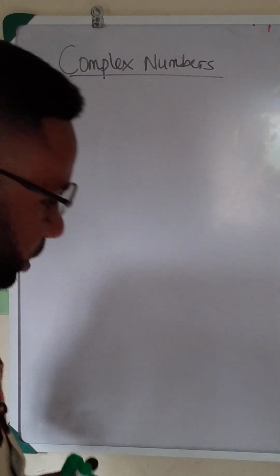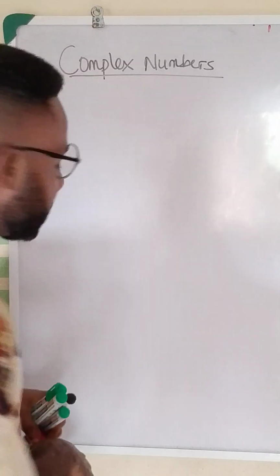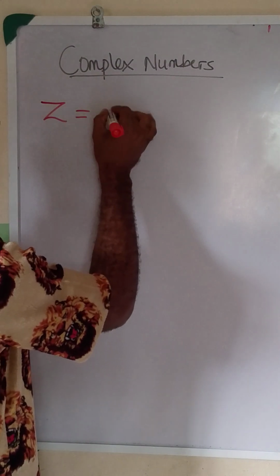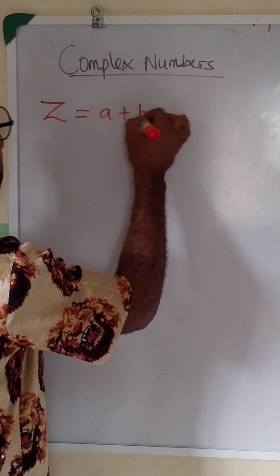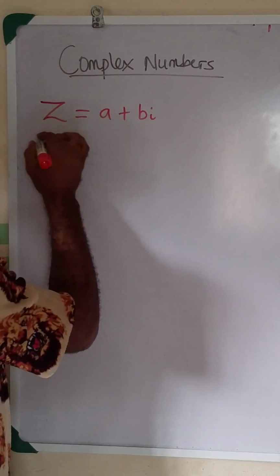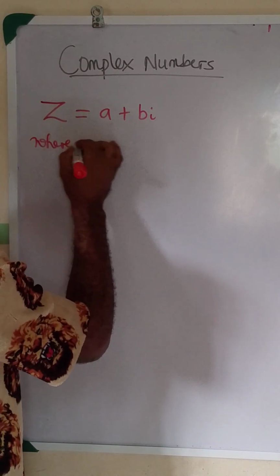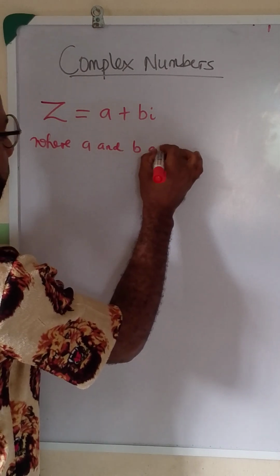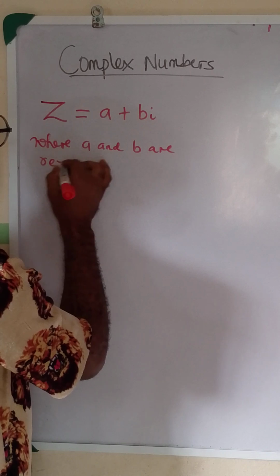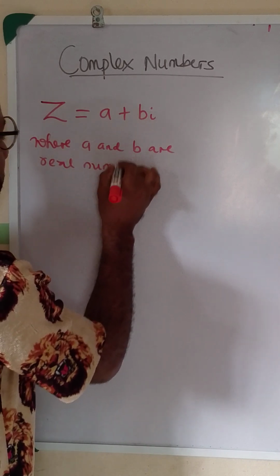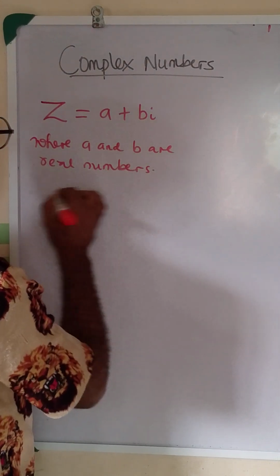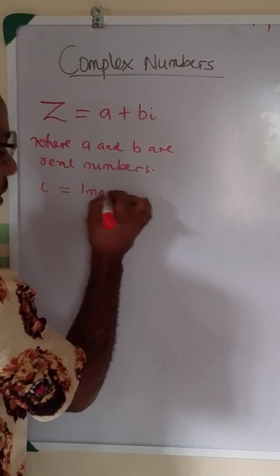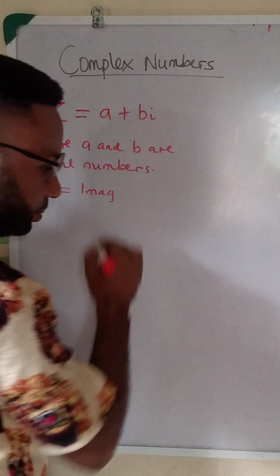Of course we know that a complex number is any number of the form z equal to a plus bi, where a and b are real numbers, while i is the imaginary number.